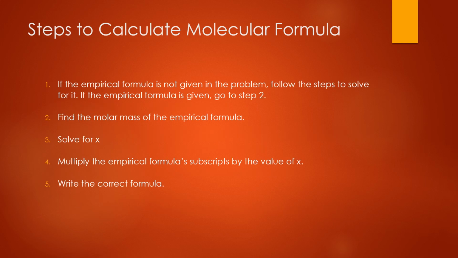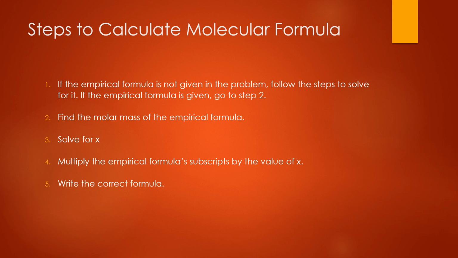So here are the steps to calculate the molecular formula. The first thing we have to do is make sure we have the empirical formula. If that's not given, then just like we did in the previous slides, we have to solve for it. All you do, remember, is take the mass of whatever's in the problem, divide it by its molar mass, and then divide by the lowest number of moles. Once you get the empirical formula, step 2, you get its molar mass.